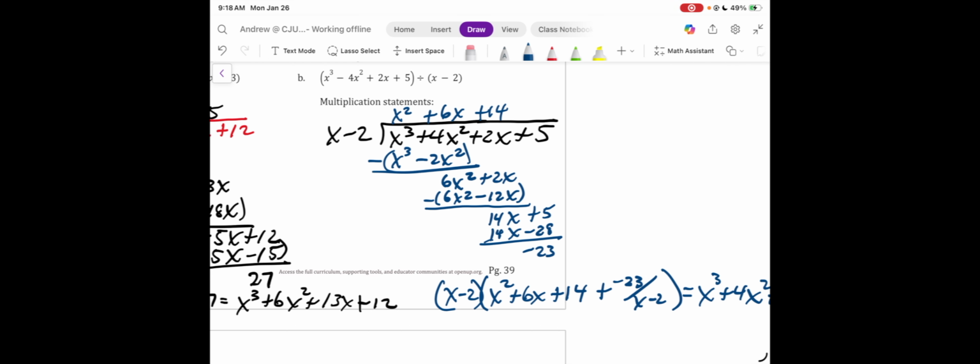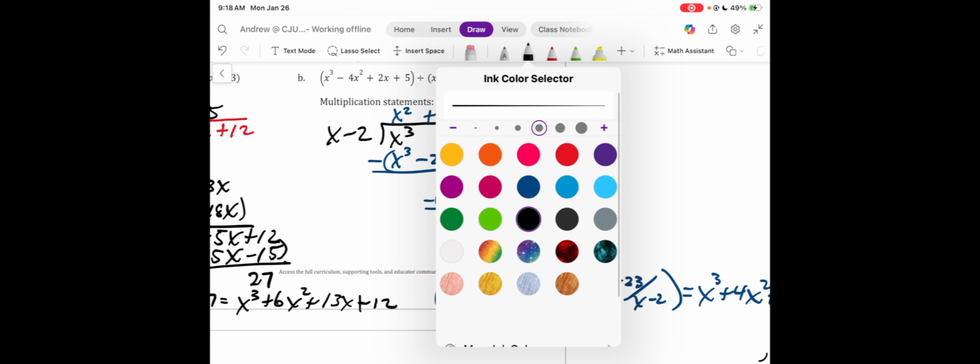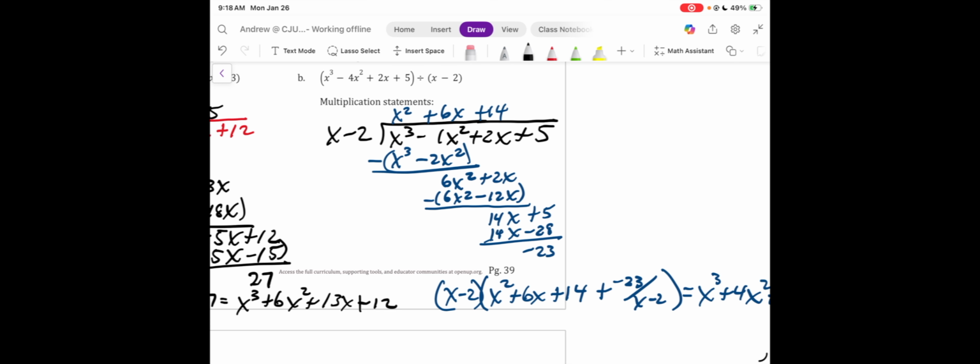All right, I just figured out what I did wrong. I wrote it down wrong. This is a minus sign right here. All right, so let me clean this all up. We'll try that again.